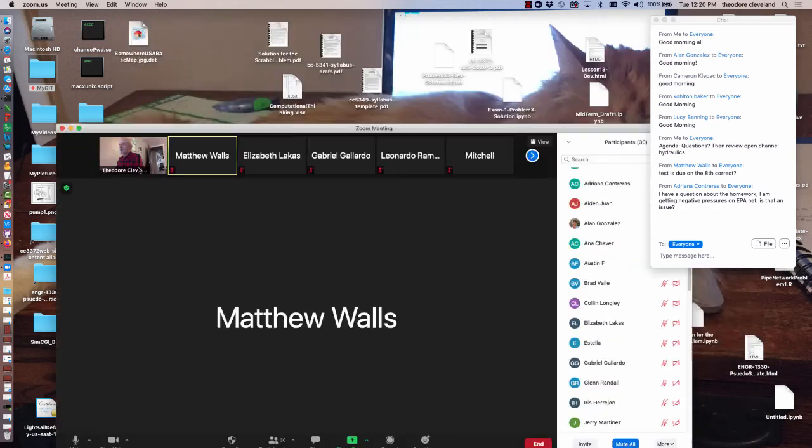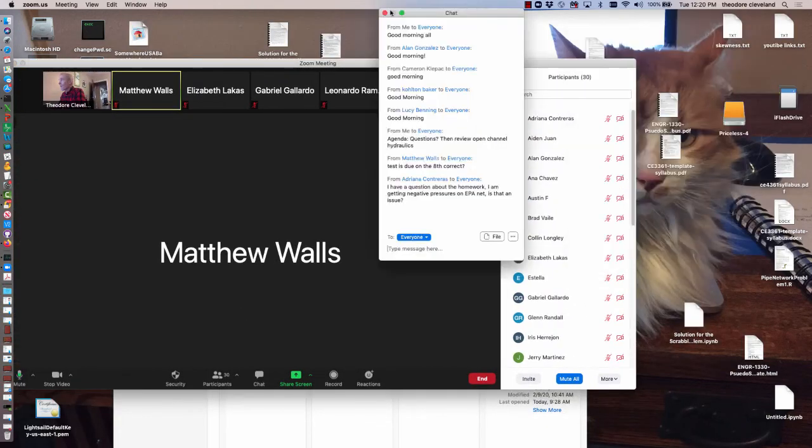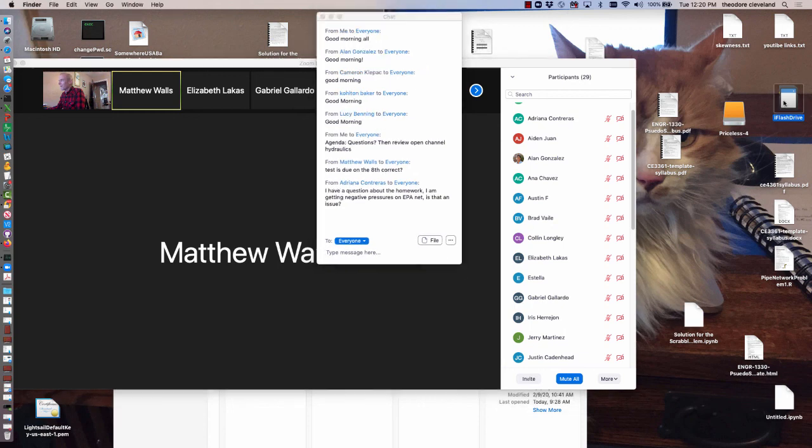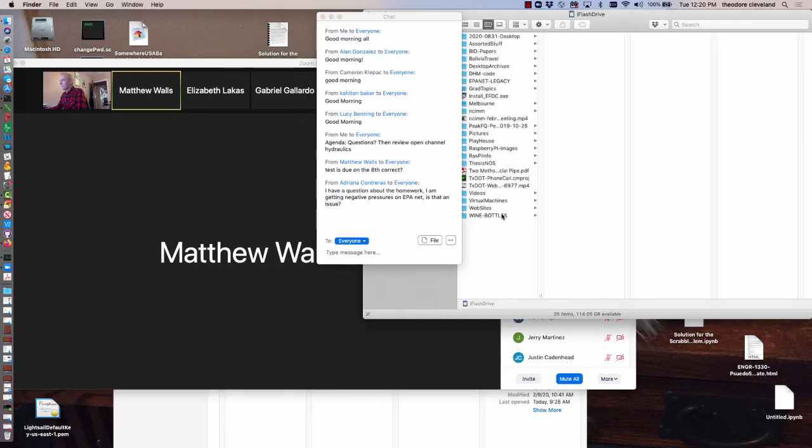Let's see if I have EPANET on this machine. I'll go ahead and make up a problem real fast that will have the negative pressure error.